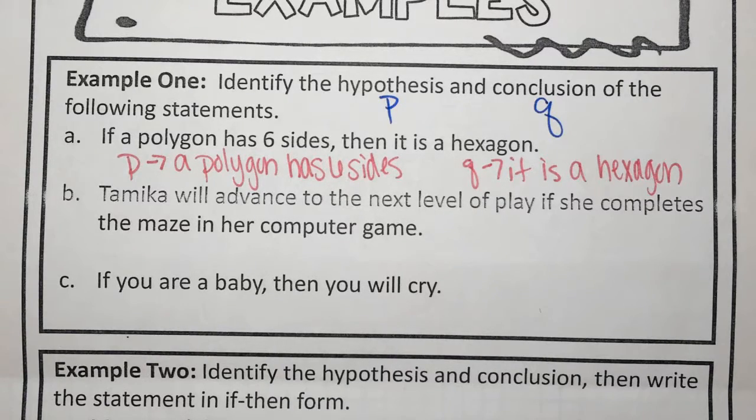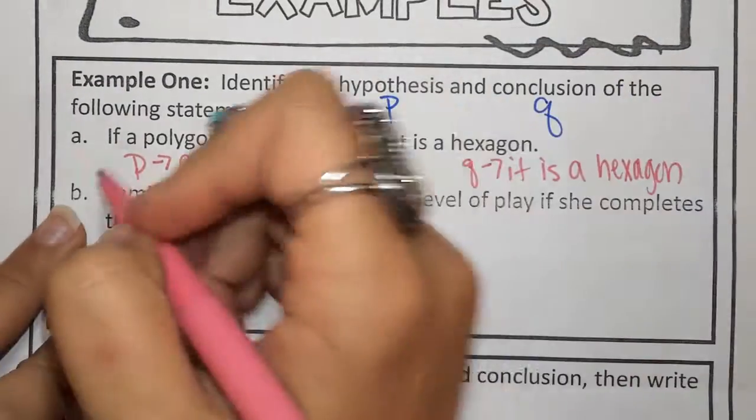Any questions? Okay, let's look at B. Tamika will advance to the next level of play if she completes the maze in her computer game. So what is the hypothesis here? She completes the maze. She has to complete the maze before she goes to the next level.